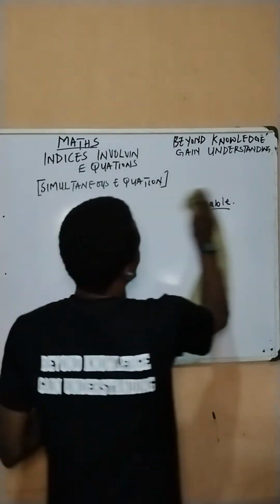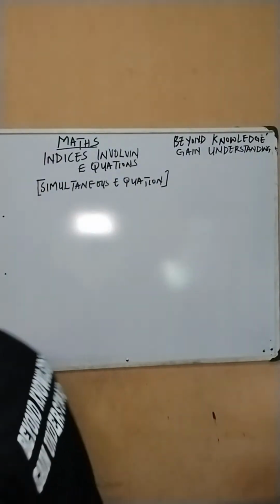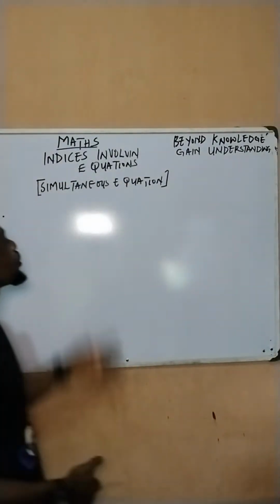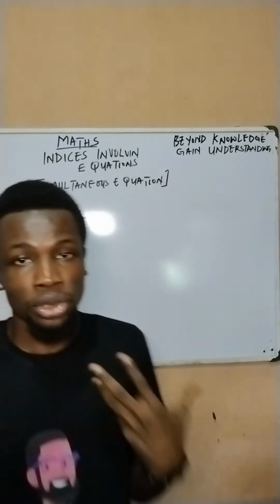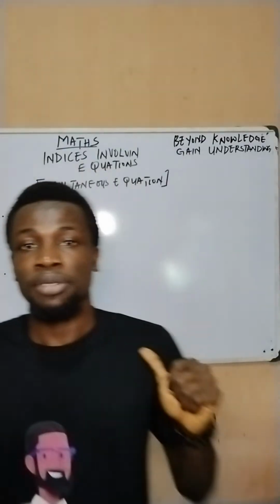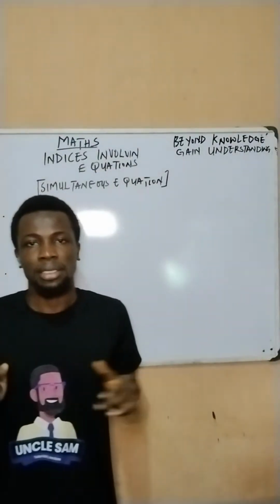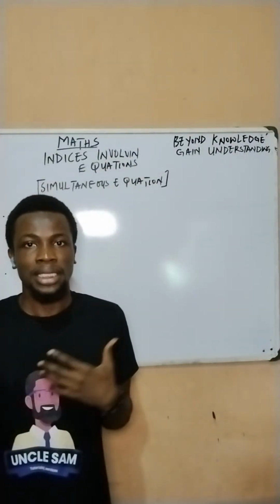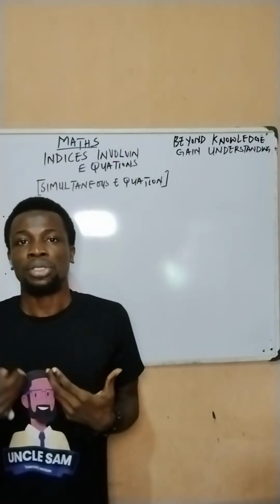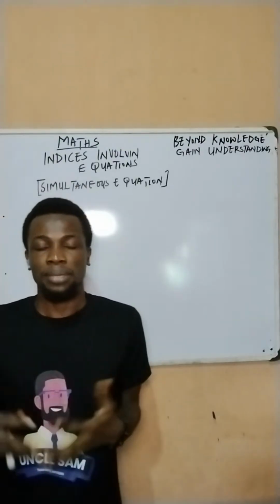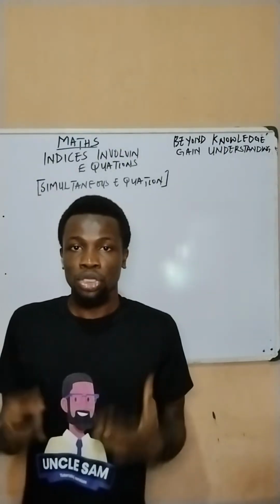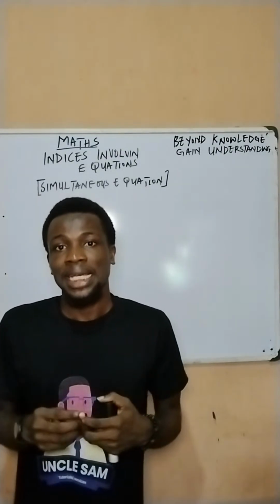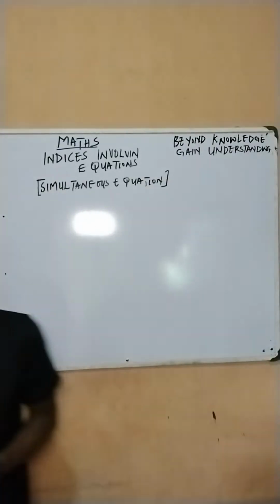So we're going to go on into what we have for today. Before we consider simultaneous equations, I just want to first brush us up on what we did the previous week. I think we started discussing indices involving equations on Wednesday and also discussed it on Friday. To wrap it up, I'm going to bring at least two equations for us to consider first, and then we'll go into the next aspect.